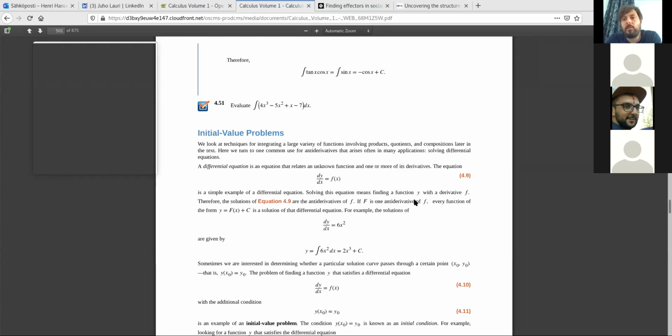I mean, when you are modeling just about anything, be that planetary motions, be that electrical circuits, current and voltage in electrical circuits, or just about anything, you will encounter differential equations.